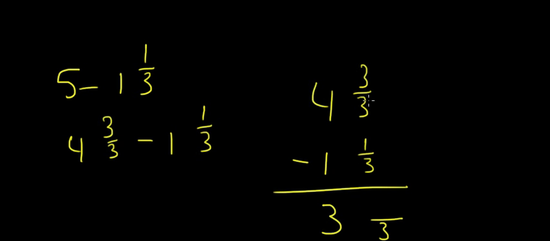Our denominator stays the same. 3 minus 1 is 2, so 3 2/3 plus 1 1/3 should equal 5, right? And so 3 and 1 is 4, 2/3 and 1/3 is 3/3, which is 1. So 4 plus 1 is 5. And that's how we do that one.